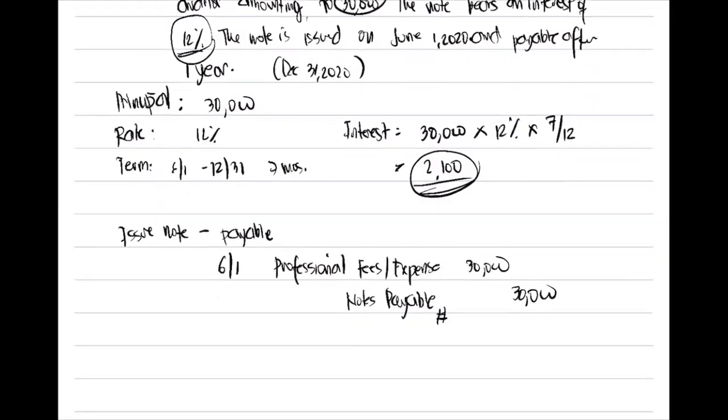And then guys, we will make our adjusting entry on December 31. Our adjusting entry is a debit to interest expense and a credit to interest payable amounting to 2,100.